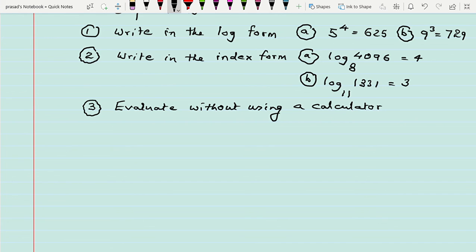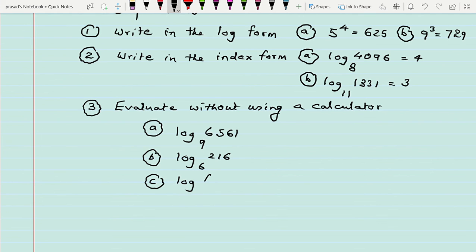So the first one, log 6561 to base 9. Then part B, log 216 to base 6. And C, log 8 to power 7 to base 8.